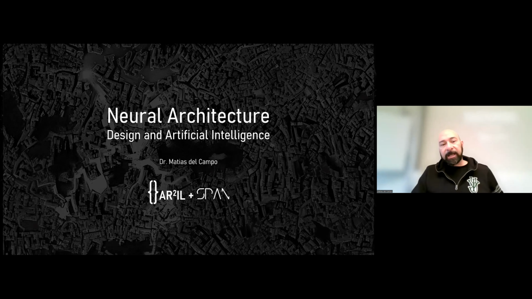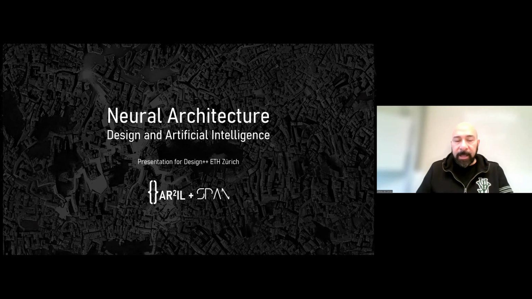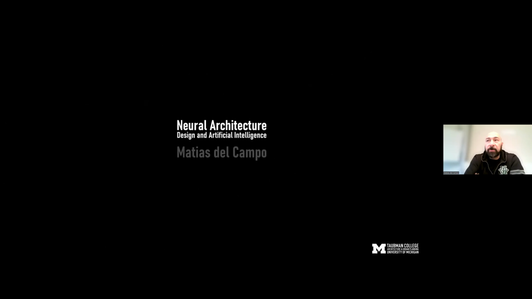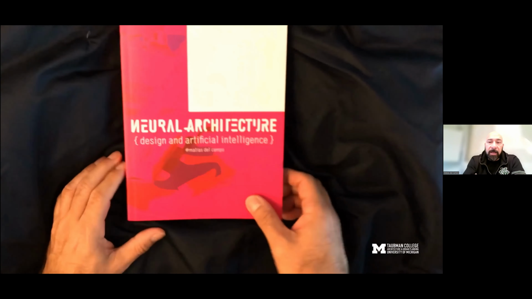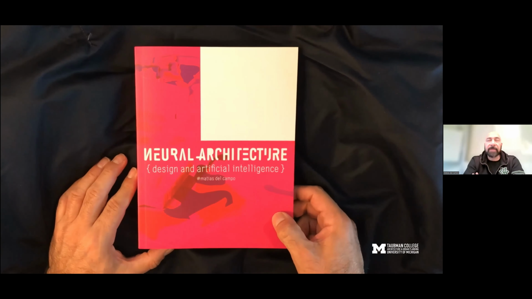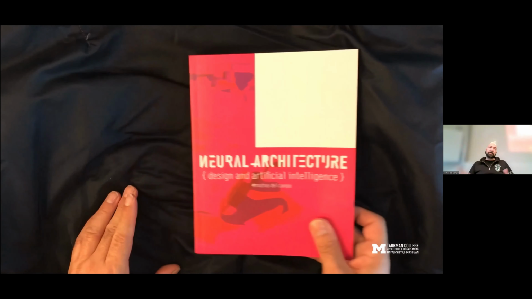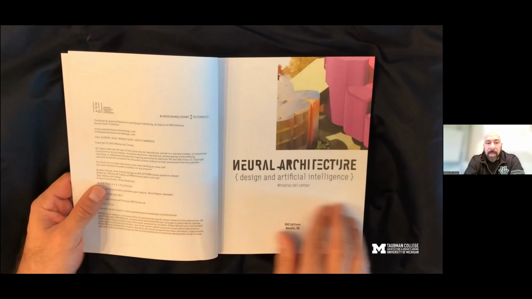The lecture is called Neural Architecture, Design, and Artificial Intelligence, and the basis for this lecture is a book that I recently published called Neural Architecture, which is sort of a summary of a variety of ideas, concepts, and projects that we have been doing primarily at SPAN, my architecture practice, throughout the last couple of years. It evolves from a series of papers about a variety of topics in AI and architecture.